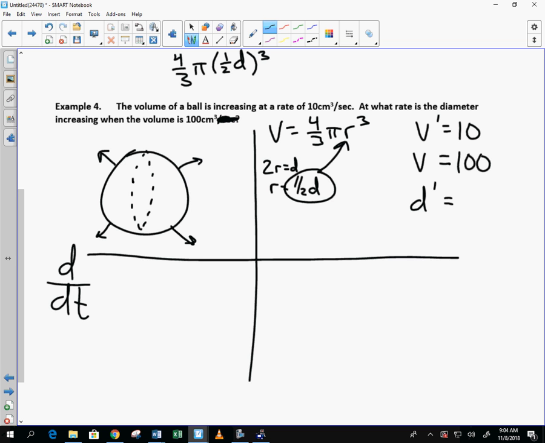Don't take the derivative like that because you're going to have to use the chain rule, aren't you? Just multiply it out. Make life easier on yourself. So I got 4 over 3 pi times what? What's 1/2 to the third power? 1 over 8 times D to the third.